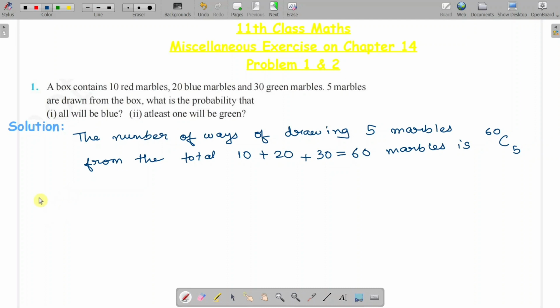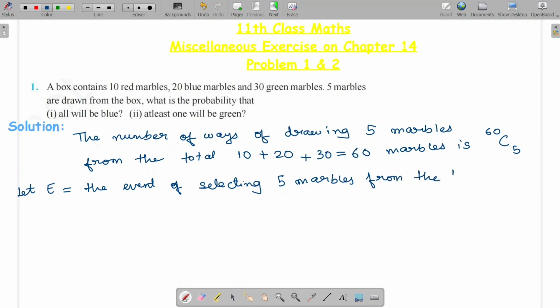Now what we will do is take the event of selecting 5 marbles from the box. So let E be the event of selecting 5 marbles from the box.